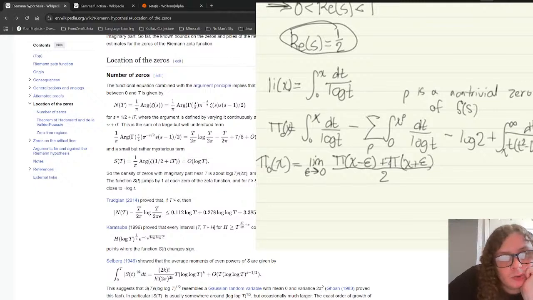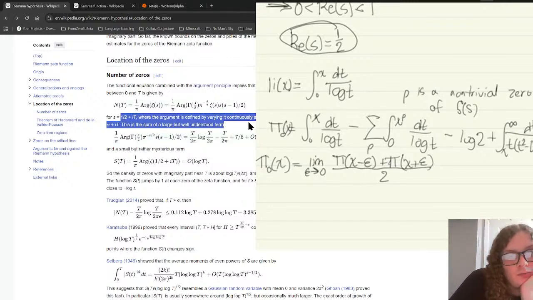So we're assuming the real part is between 0 and 1, right? Actually, we're assuming the real part is 1/2, I guess.